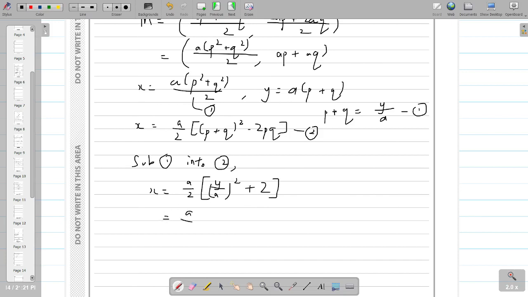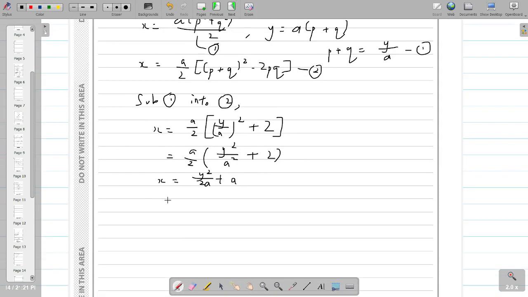Right, so let's simplify that. A over 2 Y squared over A squared plus 2. So let's expand this. We're going to get Y squared over 2A, because these two A's cancel out. And then this is going to be just A. So let's multiply both sides by 2A. So we're going to get 2AX is equal to Y squared plus 2A squared.